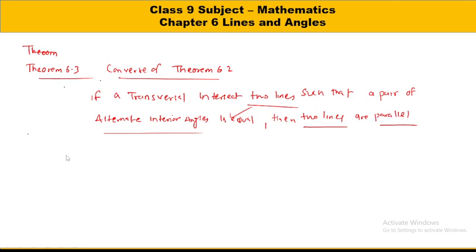So it is a converse of theorem 6.2, where we do not know whether the lines are parallel or not.